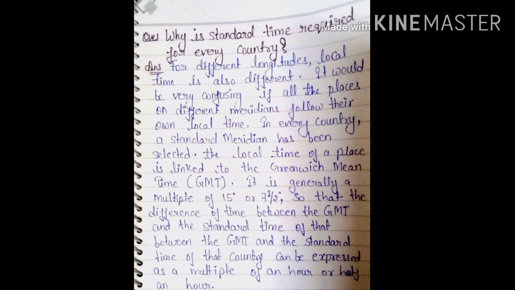It is generally a multiple of 15 degrees or 7.5 degrees, so that the difference of time between the GMT and the standard time of that country can be expressed as a multiple of an hour or half an hour.